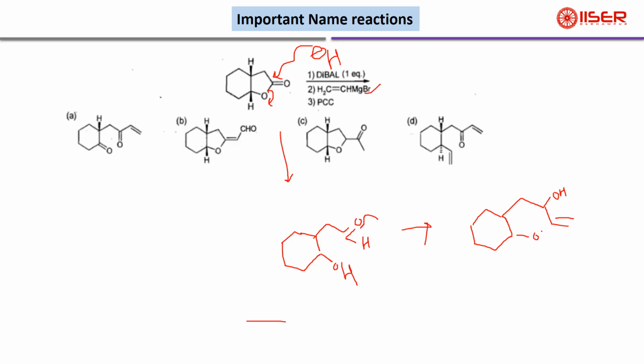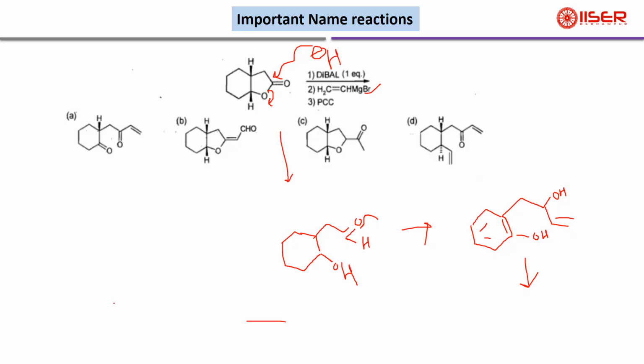And wait here. Next, they have added PCC. So you know, in case of PCC, it can oxidize both the allylic OH and this.